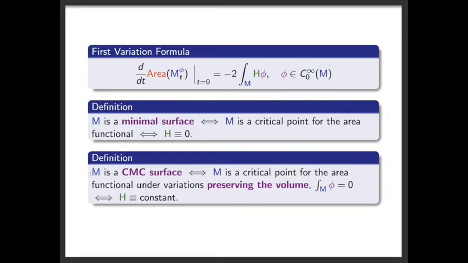M is a constant mean curvature surface, or CMC surface, if it is a critical point for the area functional under variations which are set to preserve the volume. So we're adding this extra condition on the phi's. And from the first variation formula, it is clear that this is equivalent to asking that the mean curvature is constant.